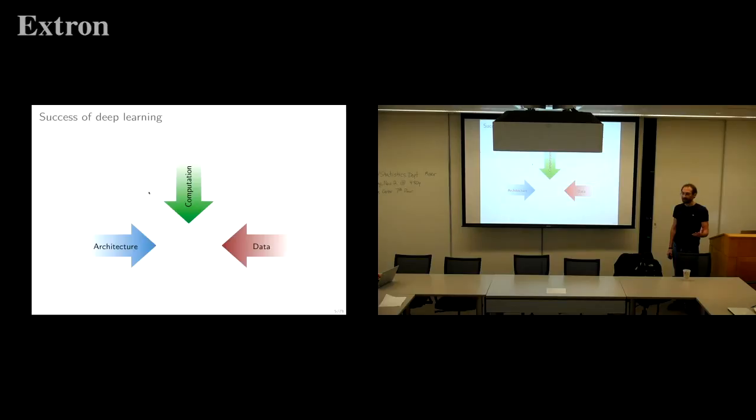Of course, advances in the architectures and the way that these neural networks are structured, but mostly computational power, because the big breakthrough came with programmable graphics hardware, GPUs, which are very efficient for this kind of computation, and mostly the availability of large data sets, because most of the successful applications of deep learning are what is called supervised learning, where you give an example and a label that accompanies this example. And nowadays we have very large data sets, at least in some applications, which can be leveraged for this kind of learning.